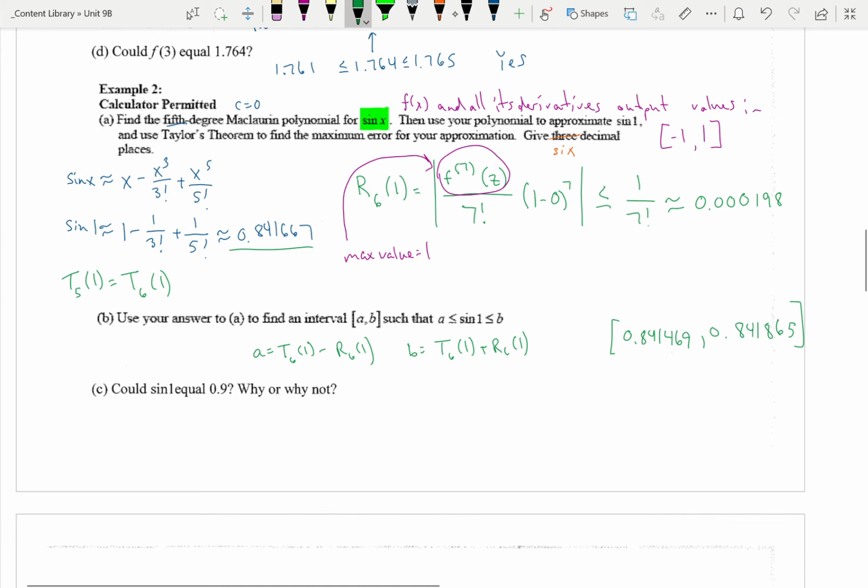Well, no, because 0.9 is not an element of that interval a to b, right? It's bigger than the maximum. 0.9 is too big. It's bigger than the maximum, which was t sub 6 of 1 plus r sub 6 of 1. In other words, 0.9 is greater than 0.841865.